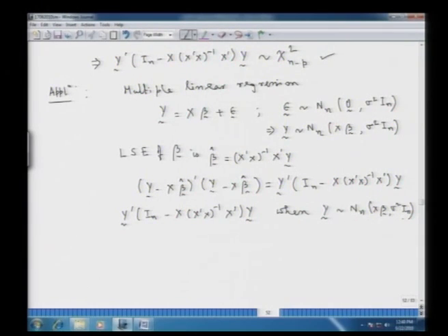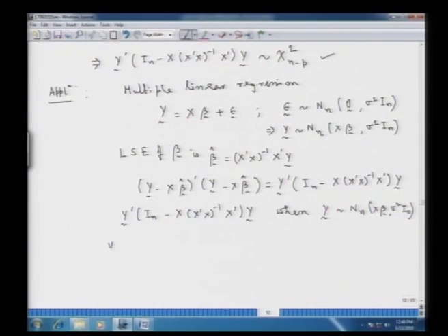The only point at which this derivation differs from the previous problem is that the previous problem was solved under the assumption that the covariance matrix of y is In, and this has a sigma square term present in it. So, in order to find the distribution, what is usually done is to look at y prime In minus X transpose X inverse X transpose, divided by sigma square, y.